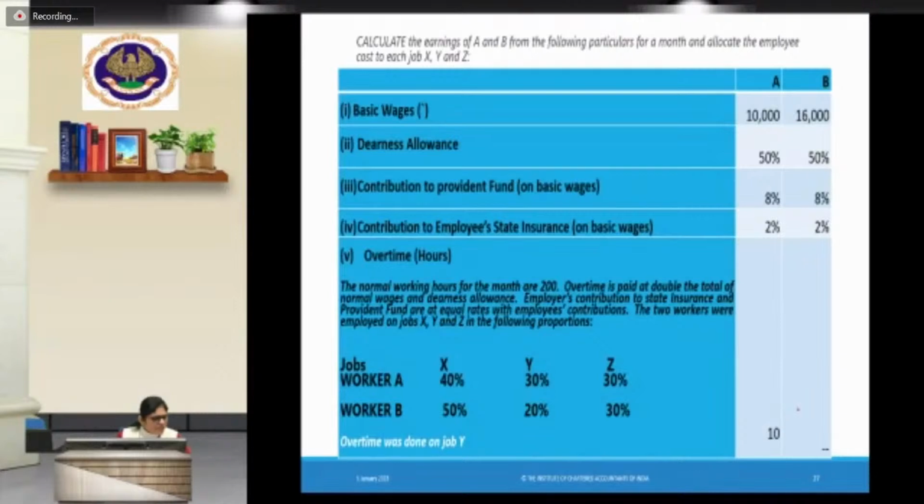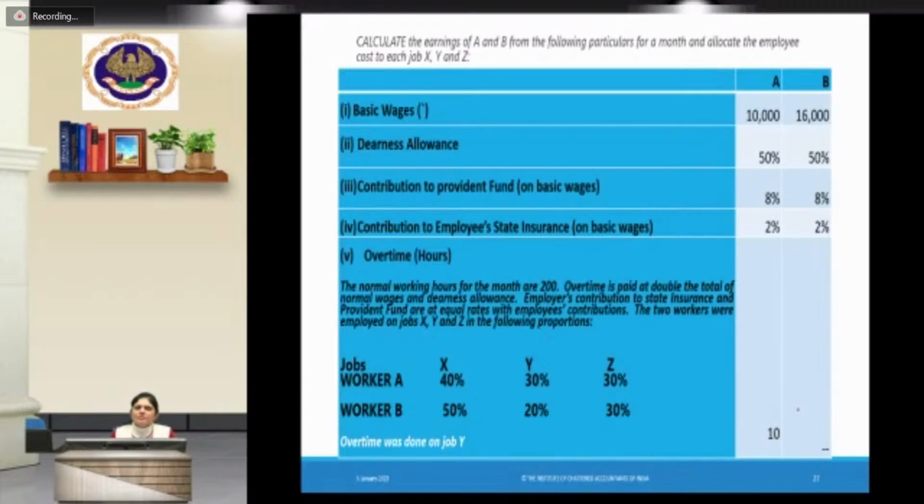For 10 hours at 100 per hour, and 2 normal working hours as per the government rule. Normal working hours are generally 8 hours per day, 6 days a week. So the normal hours are 8. And if it is a 5-day week, it becomes 8 hours 30 minutes.